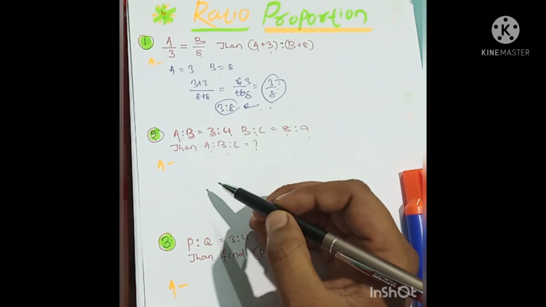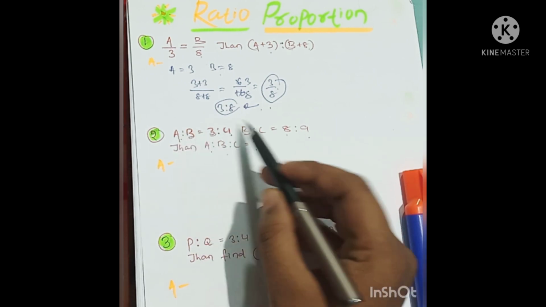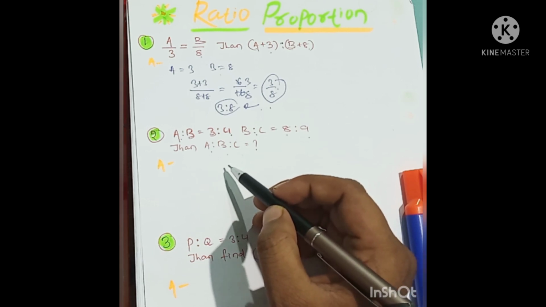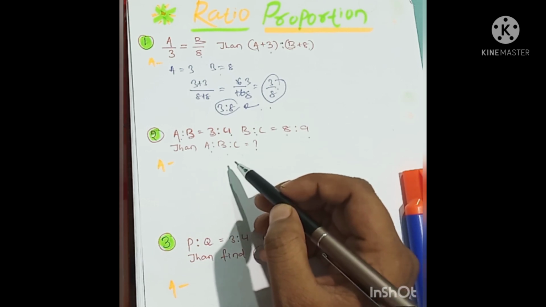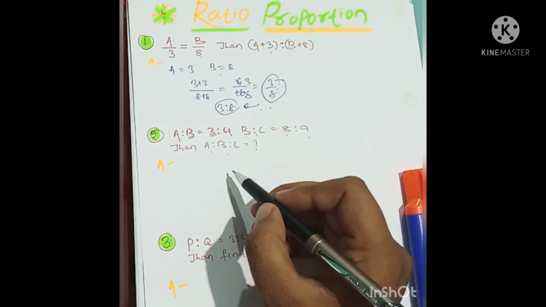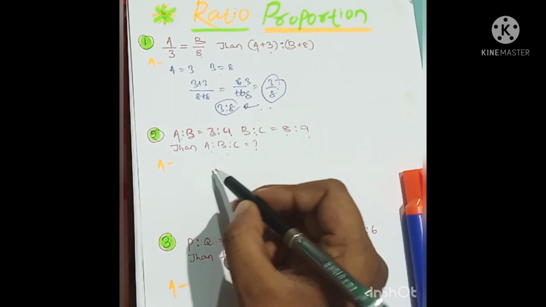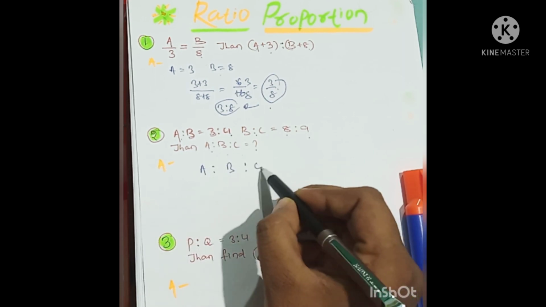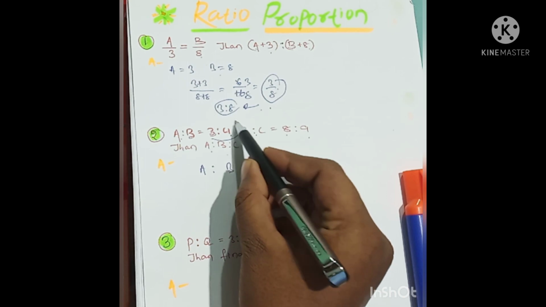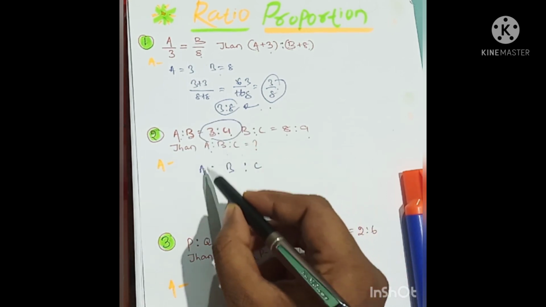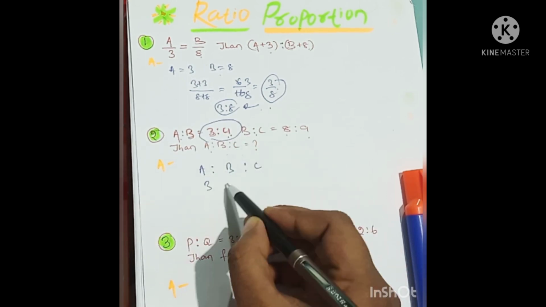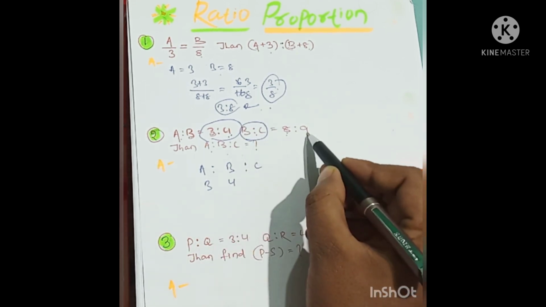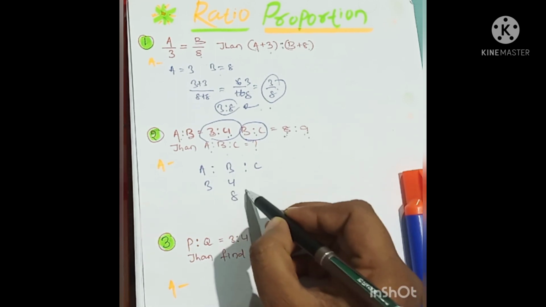For these questions there are many processes, but I'm going to tell you one reliable process. First you have to write down a is to b is to c. Then put their values down there. That means a is to b is 3 is to 4, here 3 is to 4. Then b is to c is 8 is to 9, so put here 8 is to 9.